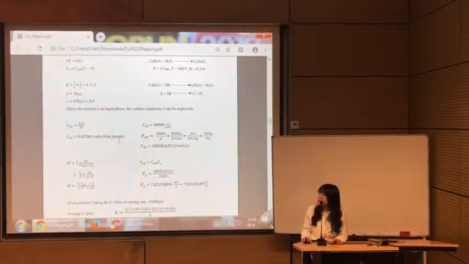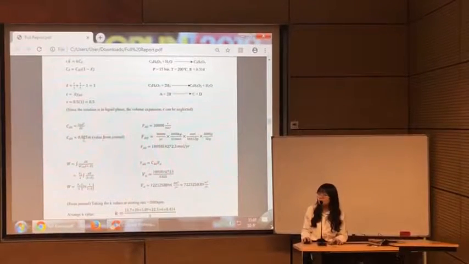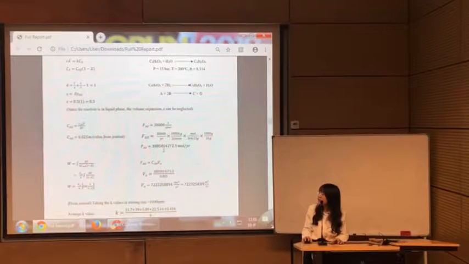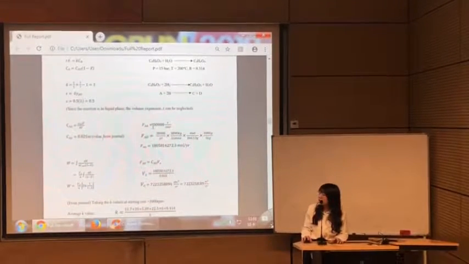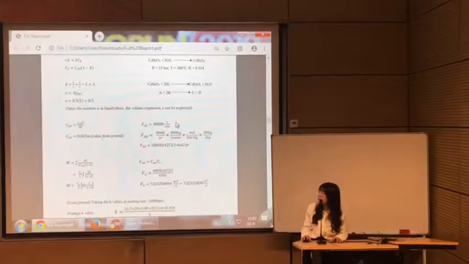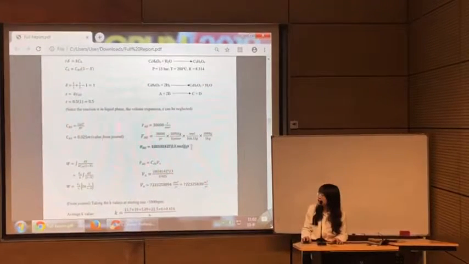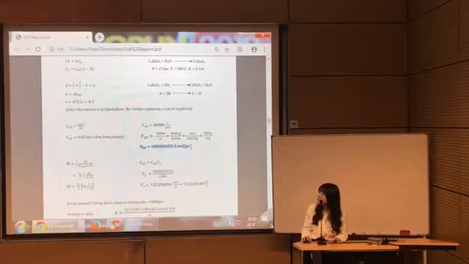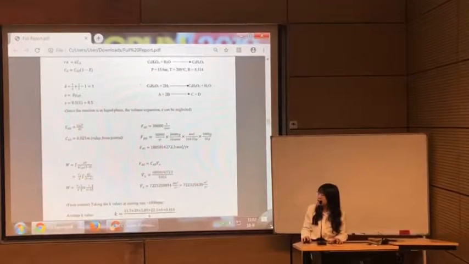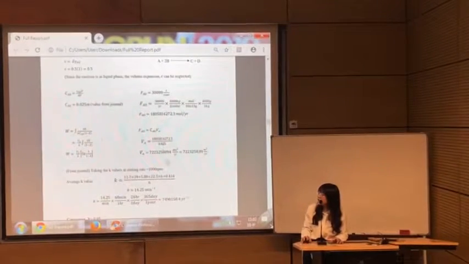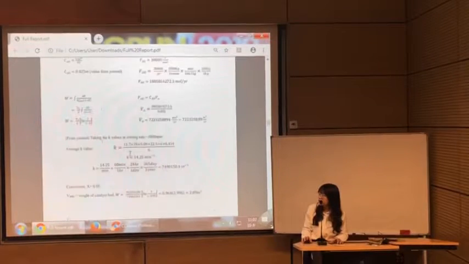From the journal, we take the initial concentration equal to 0.025 M, and we calculate the feed equal to 30,000 tons per year, which equals this value in molar flow rate. After getting FA0 and CA0, we are able to calculate the feed and insert all these values into the formula.